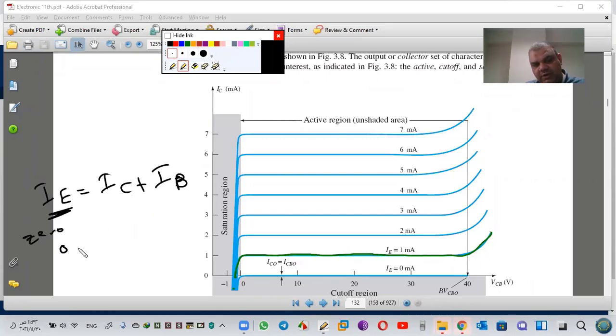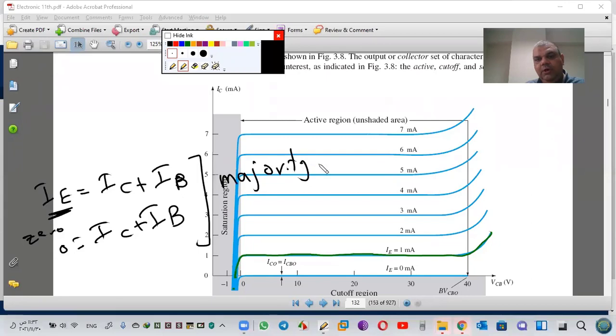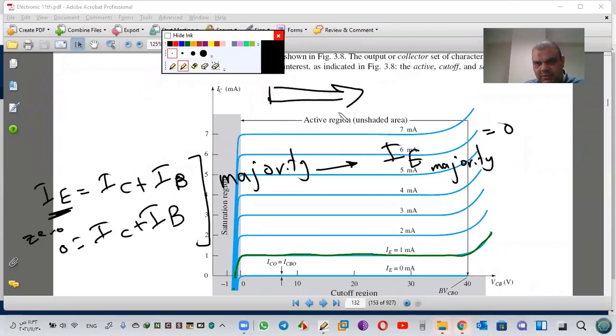IC equals IC majority plus IC minority. So the majority current, or IE majority, equals 0. If you remember, we drew this big current. This is the majority, IE majority, and this one is now 0.